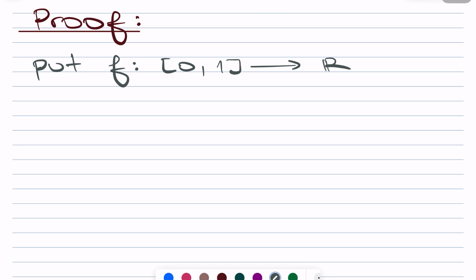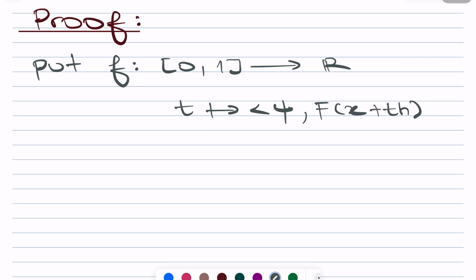For the proof, define an auxiliary function small f from 0, 1 to R, which maps t to the duality pairing of psi and f of x plus th.